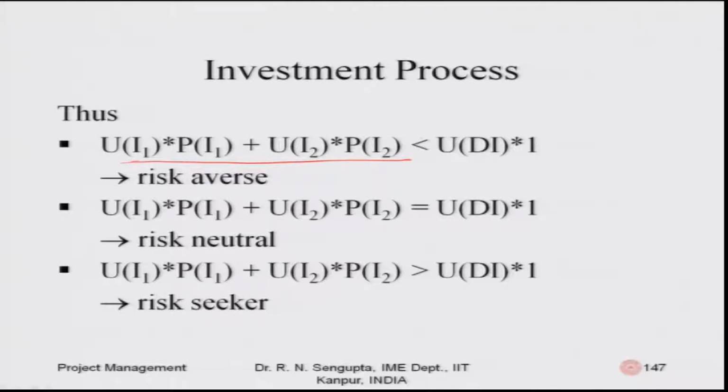On the right hand side of this less than sign, equal to sign, and greater than sign is the sure event. So, you have the deterministic investment DI multiplied by 1, which is the probability. If in the first bullet point the sure event on the right hand side is less than the gamble on the left hand side, the person is more inclined to take the sure event, so he or she is risk averse.